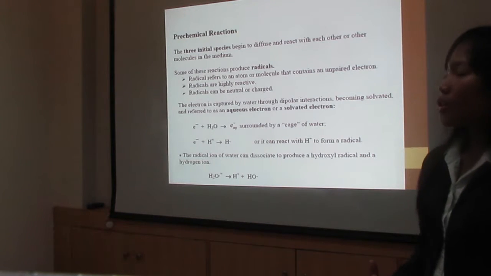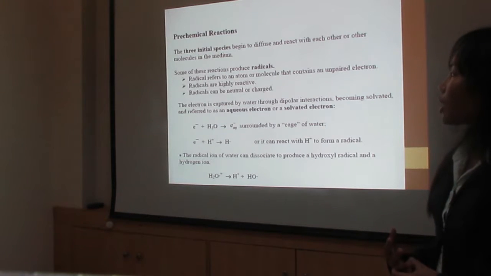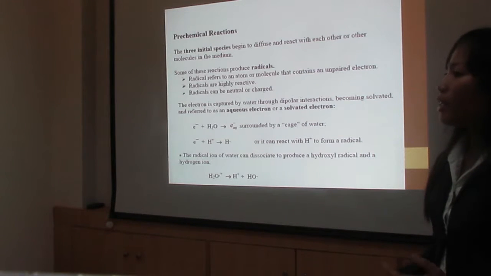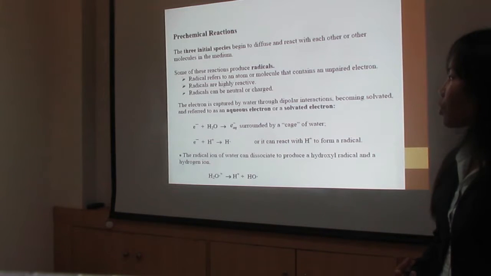Some of these reactions produce radicals. So what are radicals? Radicals refer to an atom or molecule that contains an unpaired electron. They are highly reactive but can be neutral or charged. The electron is captured by water through dipolar interaction, becoming solvated and referred to as an aqueous electron or a solvated electron.